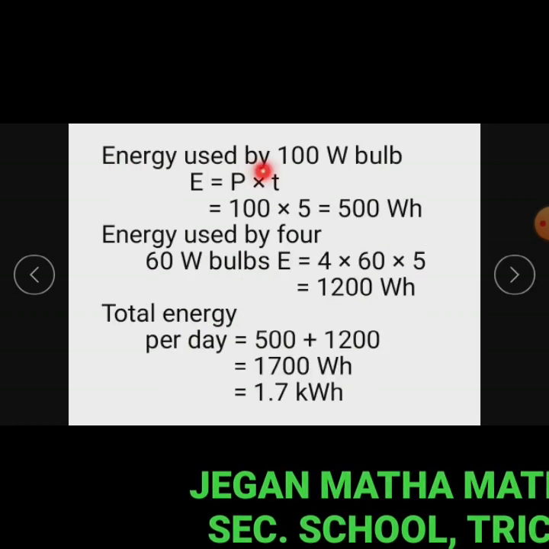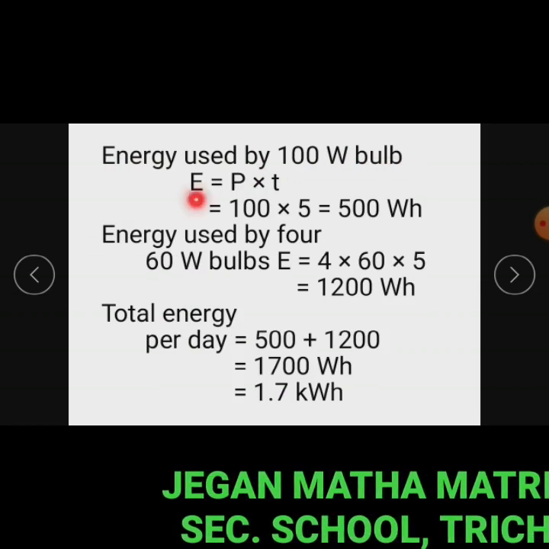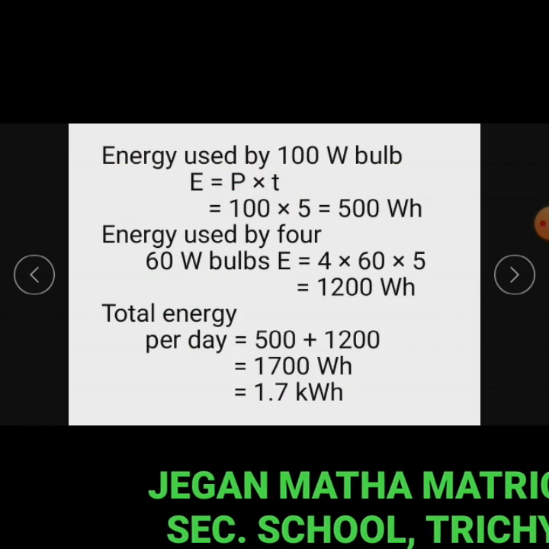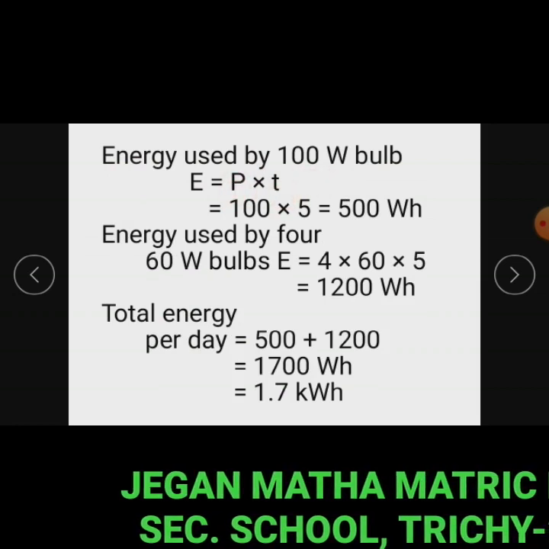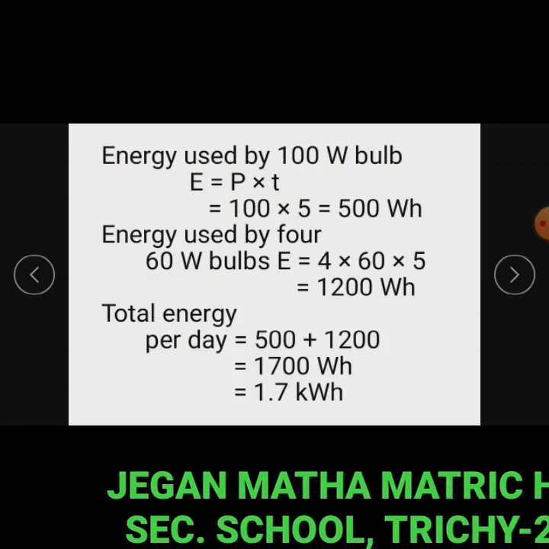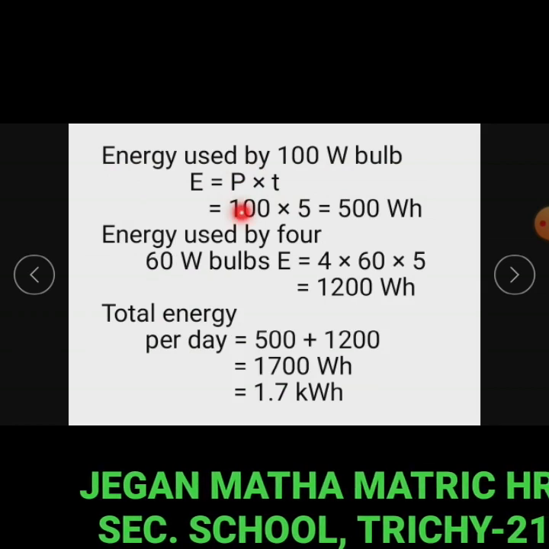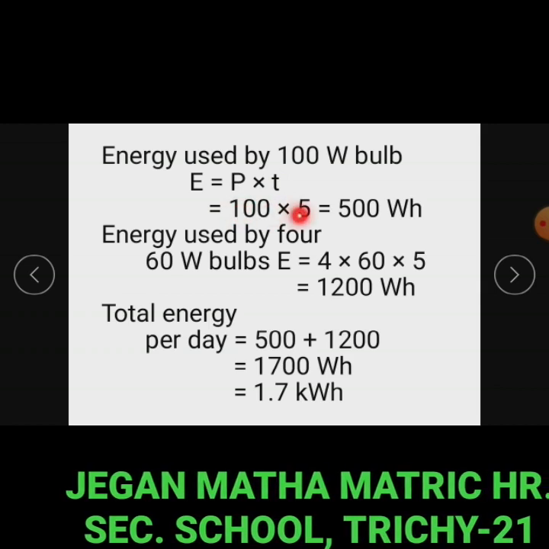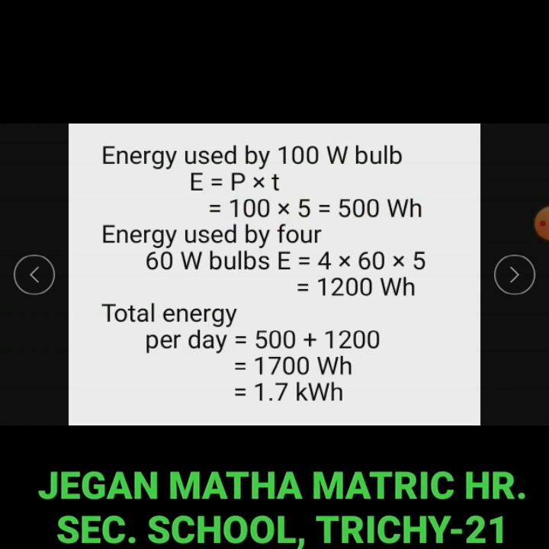Energy used by 100 watt bulb E equal to P into T. Here P equal to 100 watts, T equal to 5 hours. E equal to P into T equal to 100 into 5 equal to 500 watt hours.